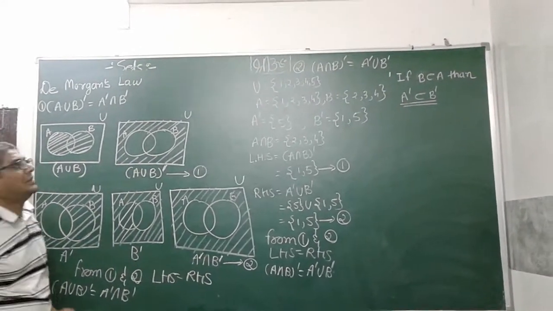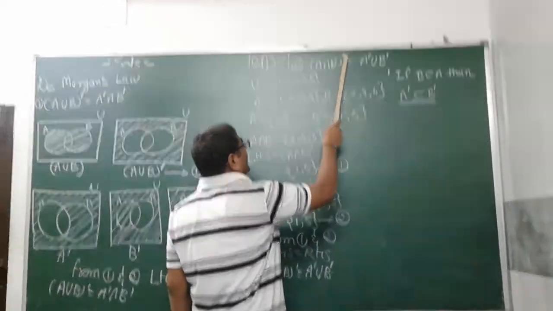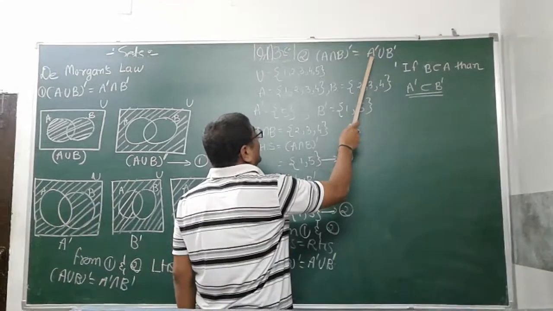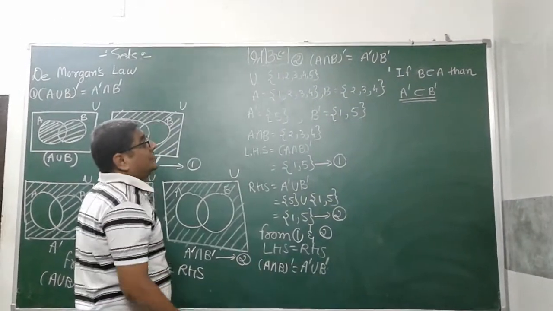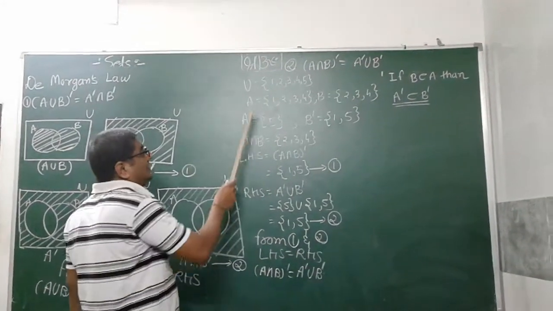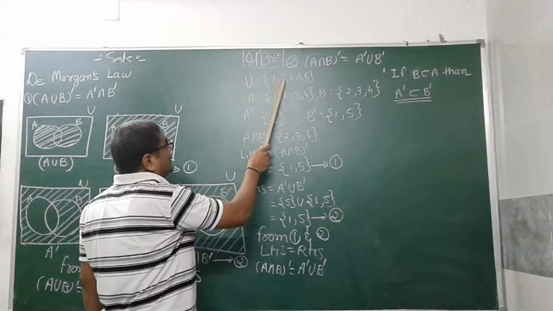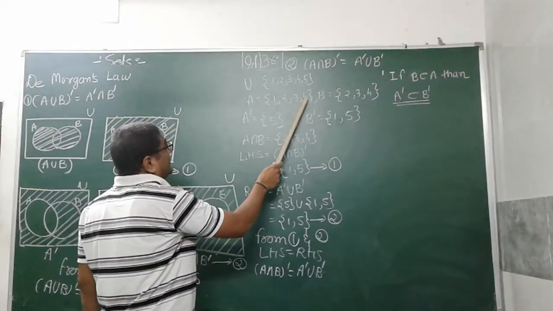That is the end of the first law. Second, (A intersection B) whole complement is equal to A complement union B complement. When we are doing complement, we must define the universal set. In this example, the universal set is 1, 2, 3, 4, 5. Set A is 1, 2, 3, 4.